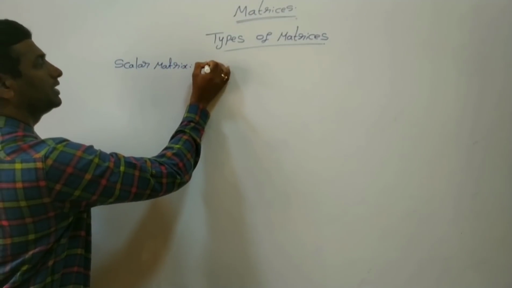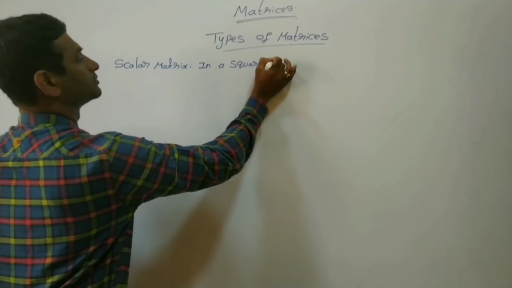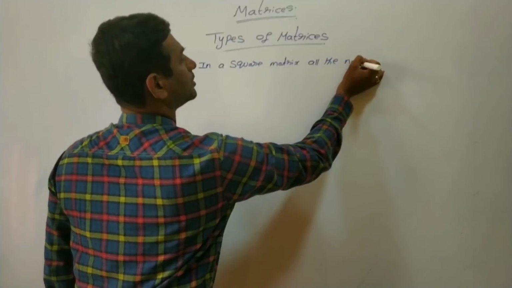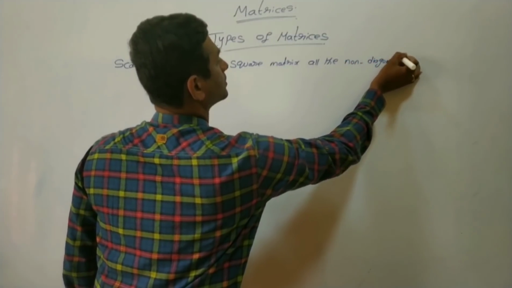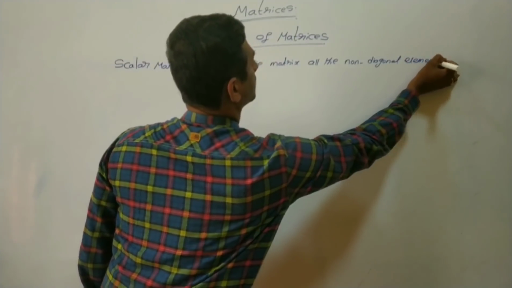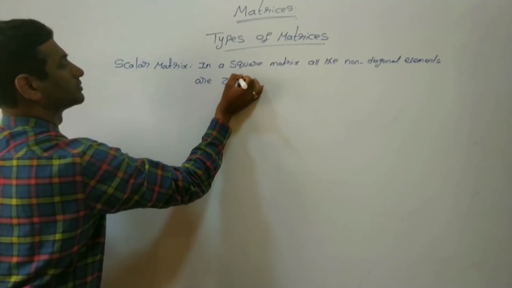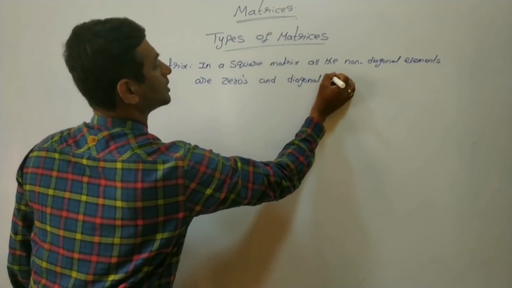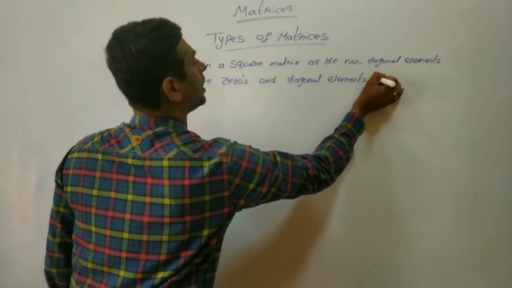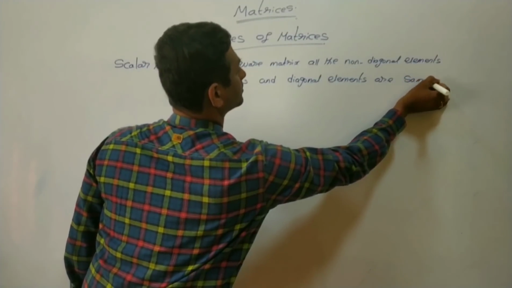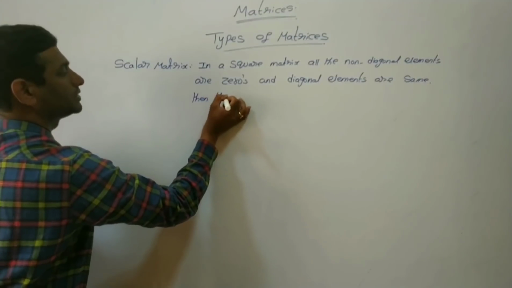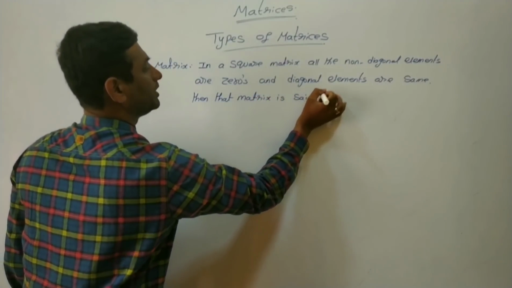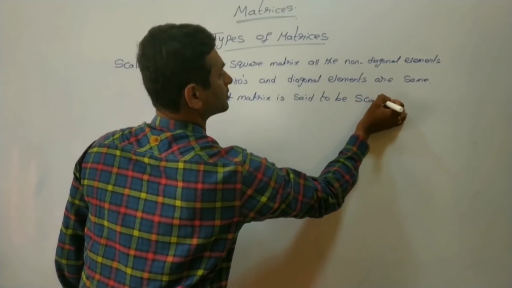If in a square matrix all the non-diagonal elements are zeros and the diagonal elements are the same, then that matrix is said to be a scalar matrix.